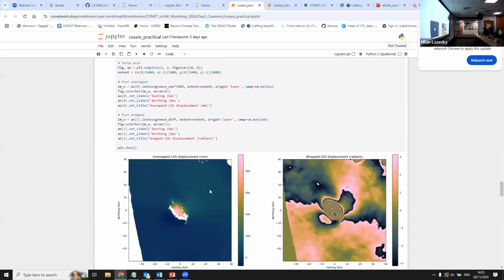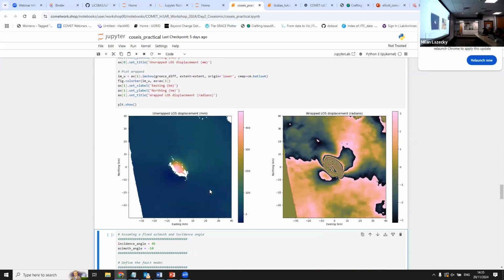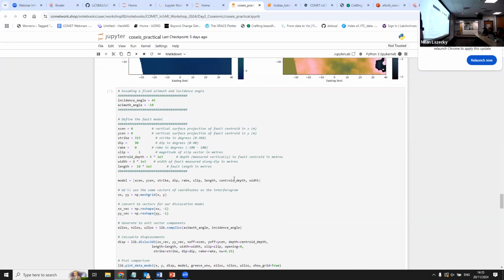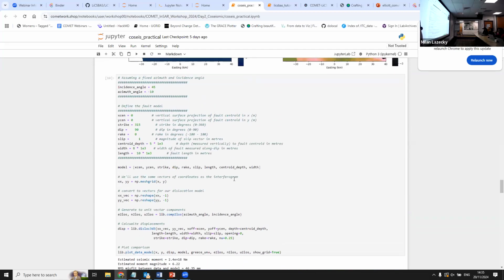Not going to tell you too much about the mechanism. Well, actually, I'm not going to tell you anything about the mechanism. You can figure it out yourself from what you've been playing around with. So what we want to do is, at the bottom, we have some code that will generate a forward model, in line of sight, in the same way as before.